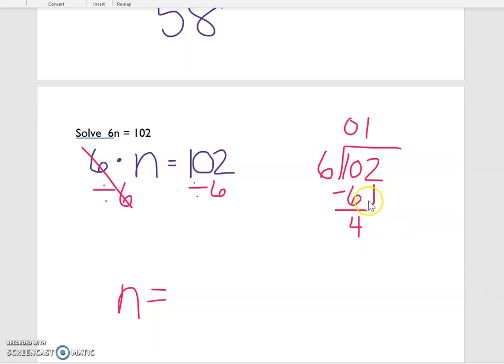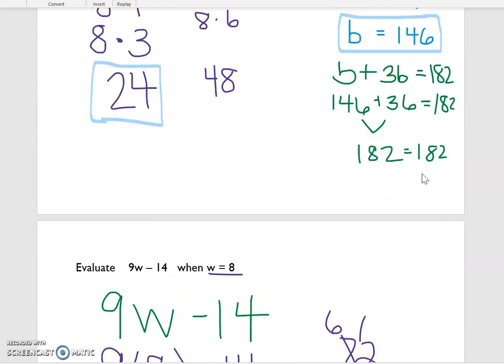Bring down the 2. And 6 goes into 42 7 times. Okay, so the value is n equals 17. Okay, let's scroll back up.